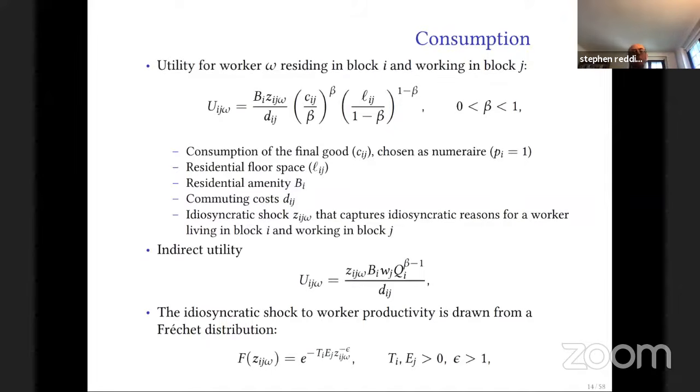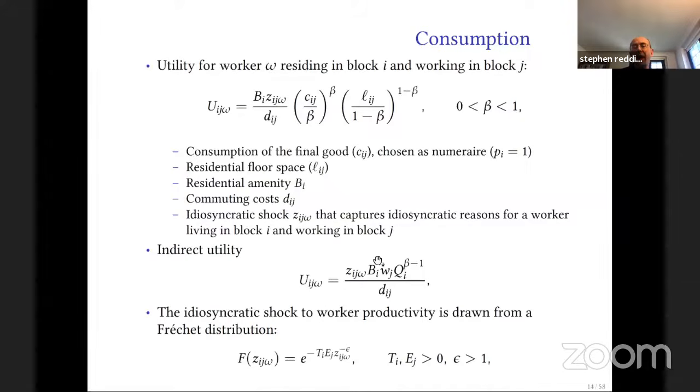Okay, so if I just use utility maximization and substitute in the equilibrium choices of consumption and residential floor space, we're going to get the standard Cobb-Douglas indirect utility down here, where I can also write utility in terms of the worker's wage, where she works, w_j, the cost of residential floor space where she lives, Q_i, and then the price of the consumption good, because that's our numeraire and it's freely traded, its price is 1 everywhere, and so that price has just gone to 1 and disappeared.